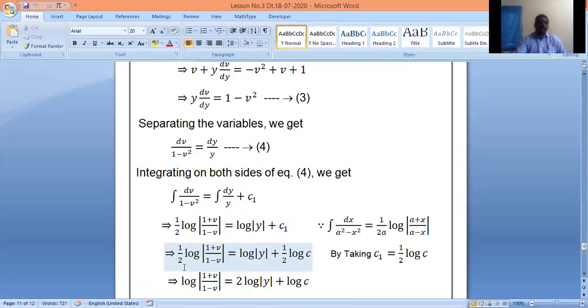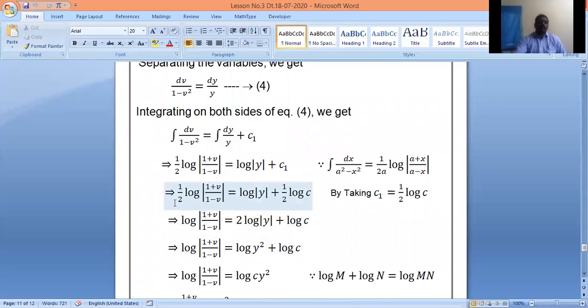That implies (1/2) log|(1 + v)/(1 − v)| = log|y| + (1/2) log c, by taking c1 as (1/2) log c.